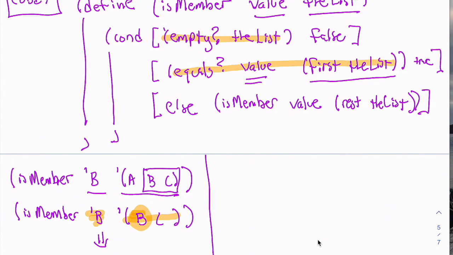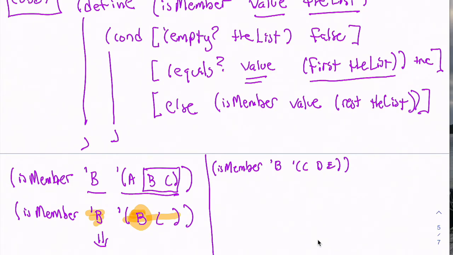Fantastic. All right, let's try running this again. This time we're going to reset the code, and I'm going to use slightly smaller text: isMember B, C D E. When we run this, initially we're going to see, is the list empty?